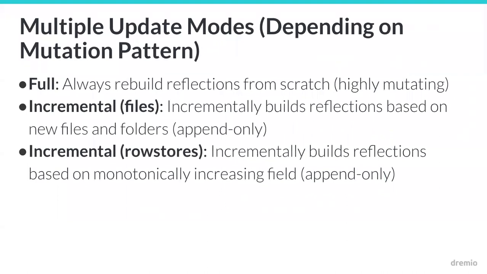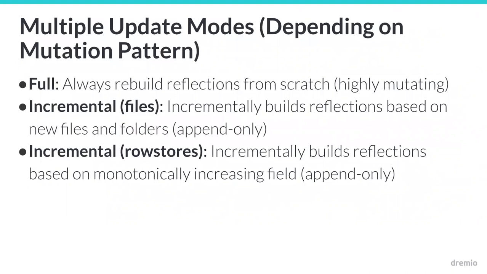And then we have multiple update modes, which is something the admin would have to figure out based on the underlying data. The simplest one is what we call a full refresh. And this would be appropriate when the underlying data is highly mutating. So if it includes updates or deletions in the underlying data, then the update mode would be full update, which basically means every time we refresh the reflection, we will rebuild the entire thing from scratch.